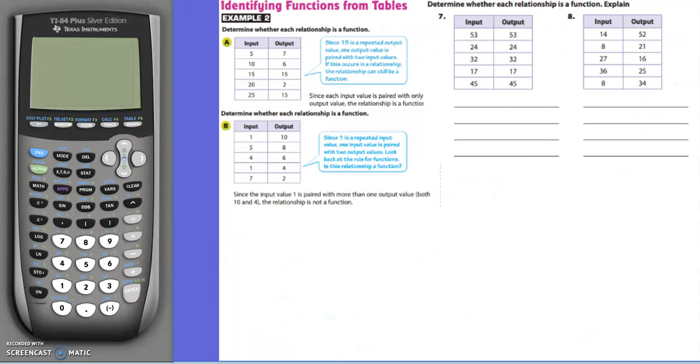All right, so identifying functions from a table, example A. We have 5 is paired with 7, 10 is with 6, 15 is with 15, 20 with 2, and 25 with 15. Okay, so right here, this is going to be a function.